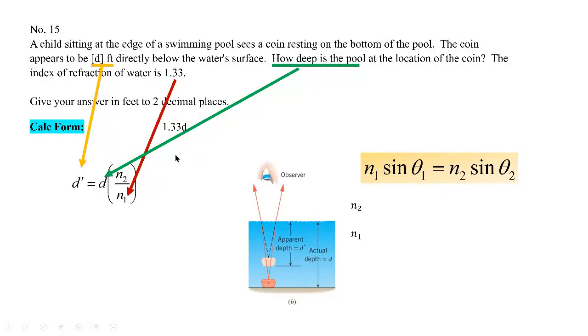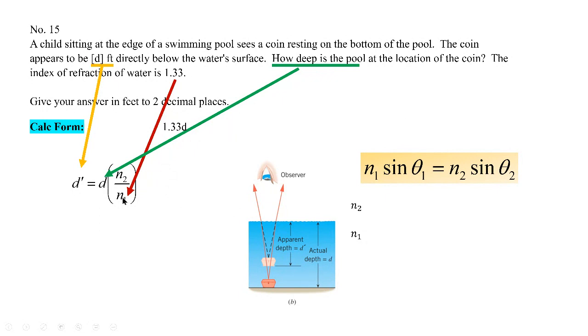So when you use this formula, be careful. Which one do you use for D or D prime, N1, N2? You got to sit back. You say, I already located this formula. Yes, you have located this formula. But how you use it, you have to now say, what is this question telling me? They told me that they know what is the apparent depth, which in this notation here is D prime. So therefore, they have told me D prime.